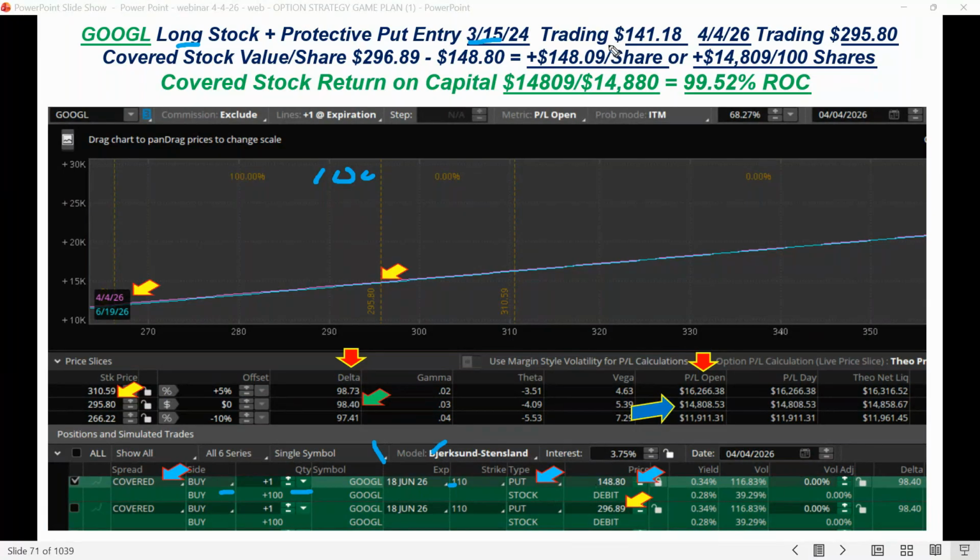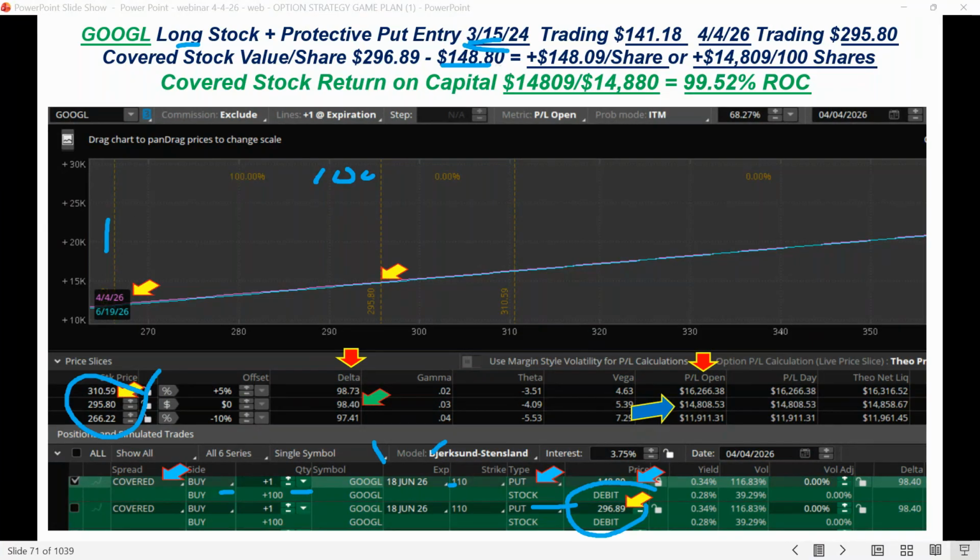So that was $148.80. All right, now on the 4th, well, today, just to show you based on the option analytics today, it was trading at 295.80 right here, okay? So then the covered stock value, the blue, was at that point today 296.89 right there, see that? All right, so when I set this up, if you did it just with the covered put, it was $148.80.